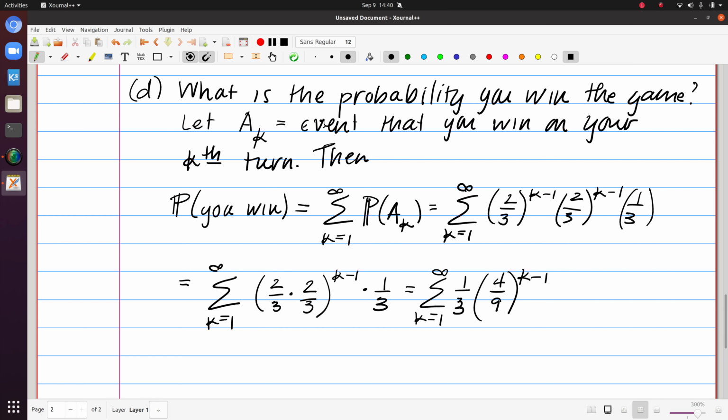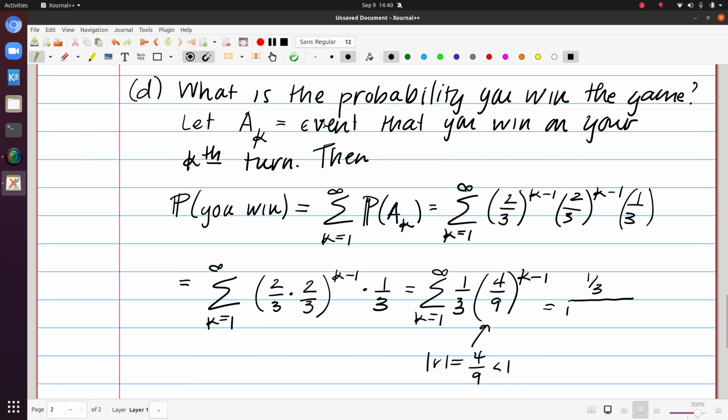Or because I've gotten it down to k plus or minus a constant up there, I can actually jump right into my formula. Again, what I'm going to note is that the r value in absolute value is 4/9, which is less than 1. So this series is going to converge, and we can use our sum formula. The first term of this series is now going to be 1/3, because we would have (4/9)^0, which is 1.